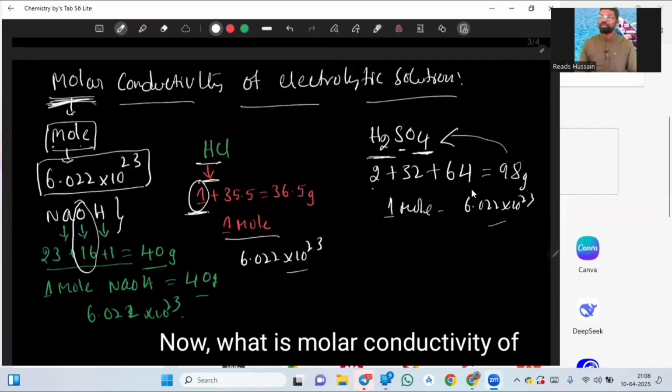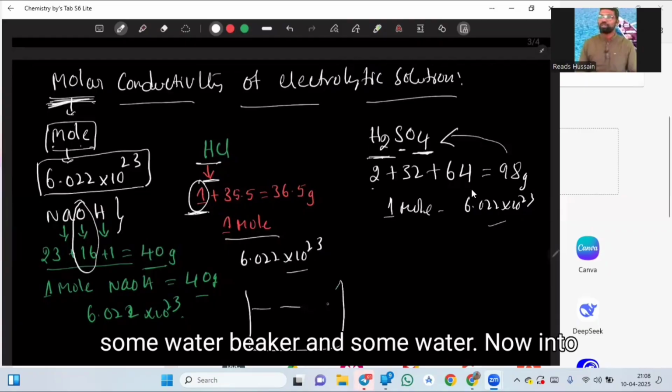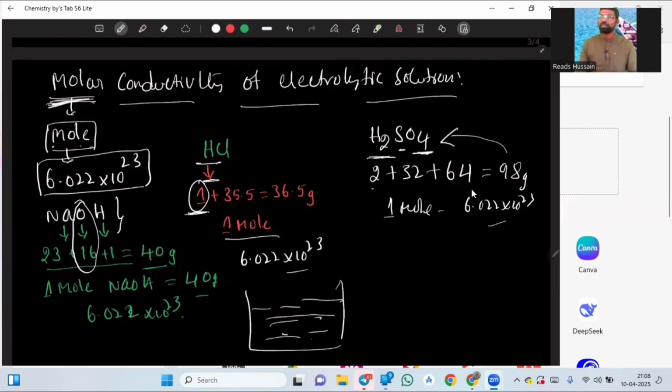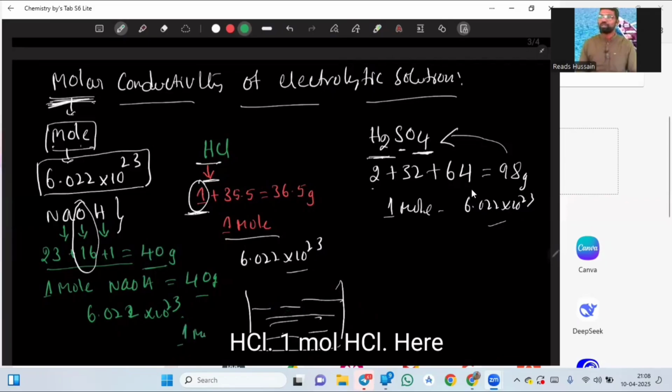Now, what is molar conductivity of an electrolytic solution? Now, I will tell. I have taken one beaker with some water. Into this beaker, I am going to add 1 mole of HCl. Here HCl I have added.